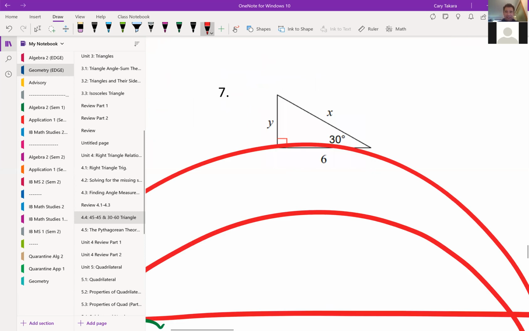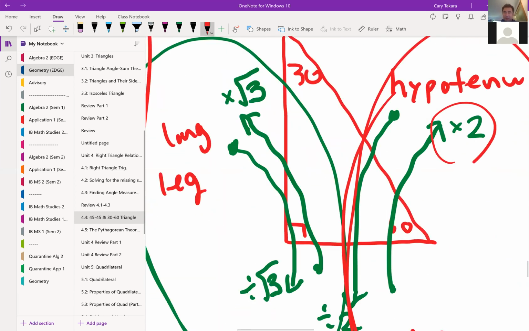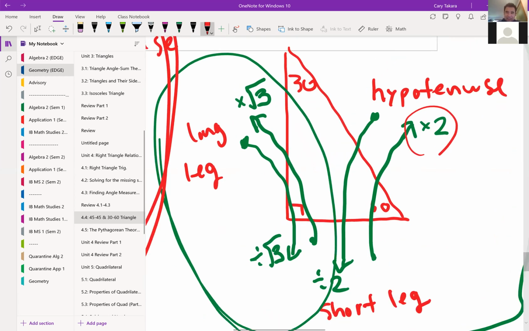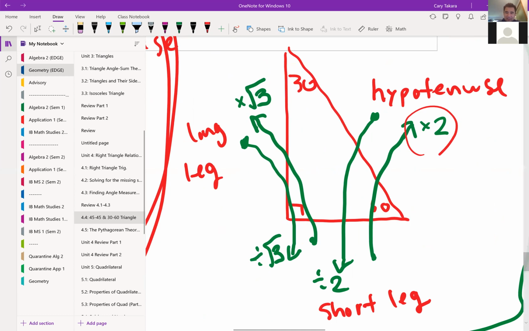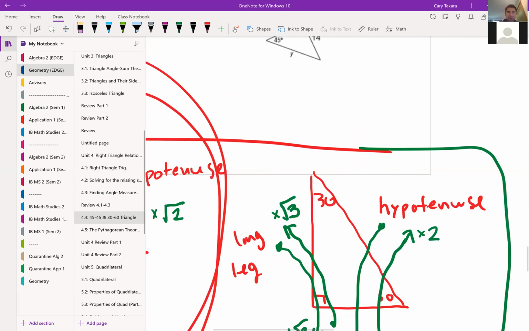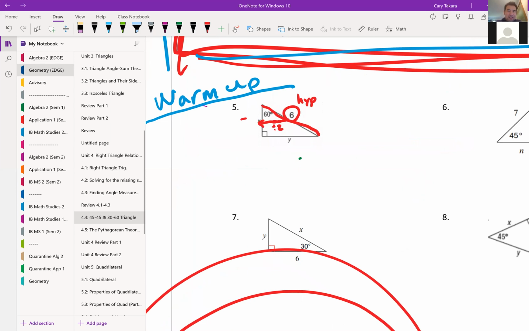Again, take a look right here. What's the relationship between hypotenuse and the leg? It's clean. It's double or half, isn't it? Okay, so that's what we have. So it's going to be 3. So x is going to be 3.